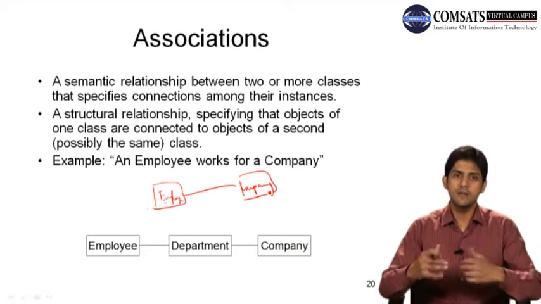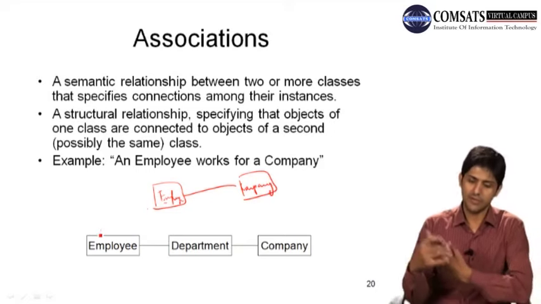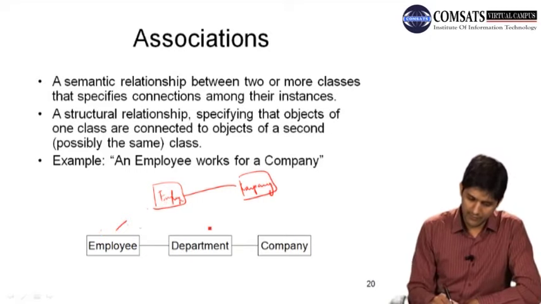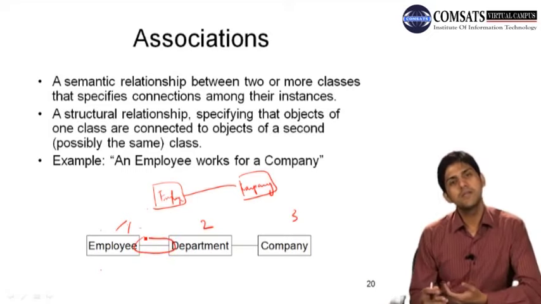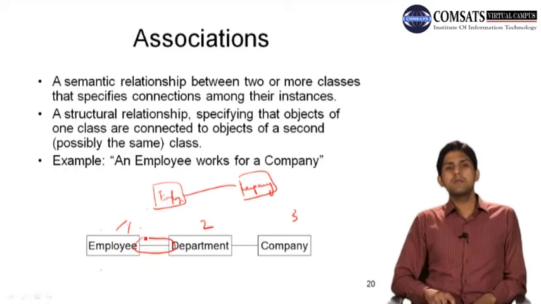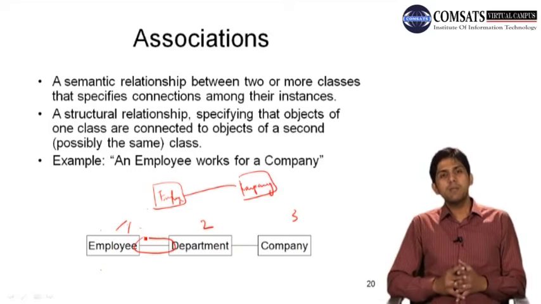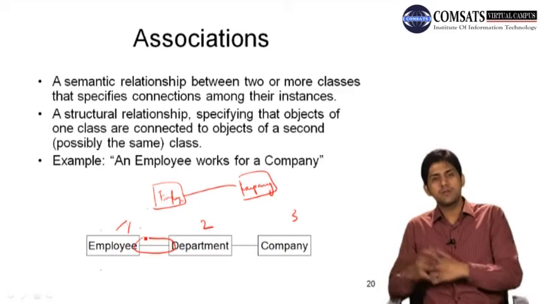Or you can have another class here, for example the diagram that is shown below, that you have employee, you have the department and you have the company. So you have three classes here. The first class is employee, then you have the department and then you have the company. अब इसके अंदर ये जो links है, ये links ये बता रहे हैं कि हर जो employee है उसके department के साथ भी कोई association है. यानी कि for example अगेन अब यूनिवर्सिटी मैनेजमेंट सोल्यूशन में अगर आप चले जाएं तो उसमें जितने भी फैकल्टी मेंबर्स हैं, ठीक है, each faculty member he belongs to a department and then he also belongs to that particular university.